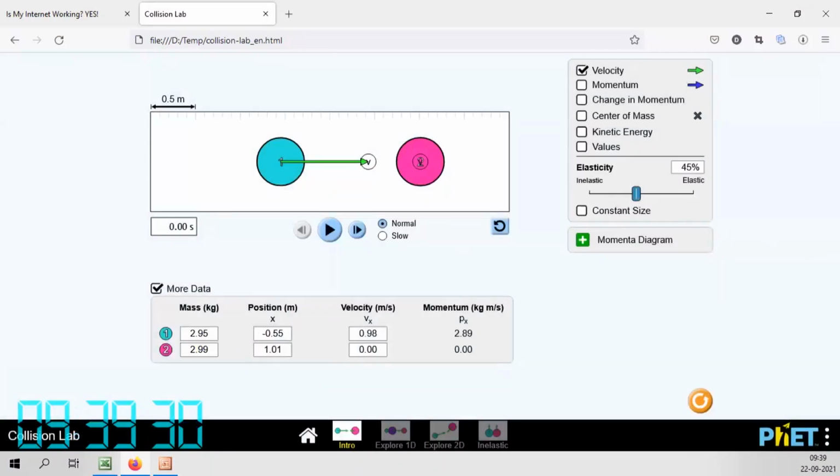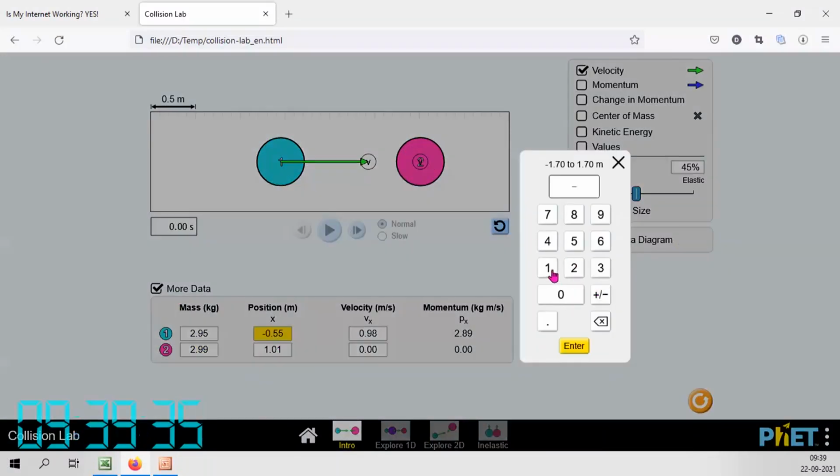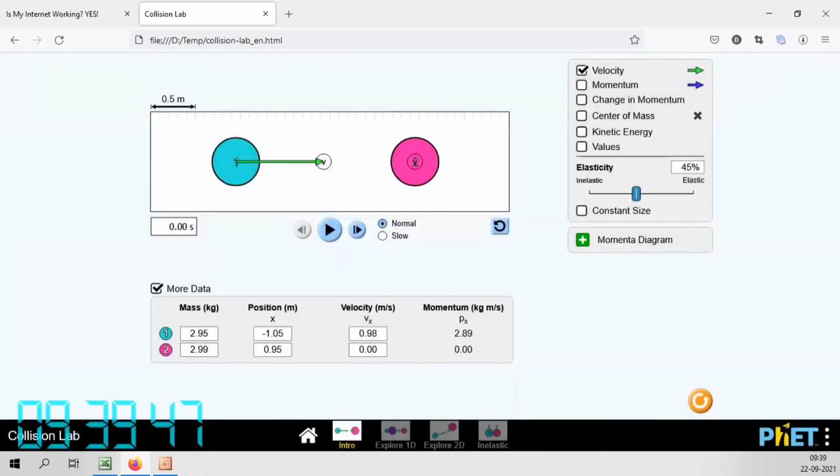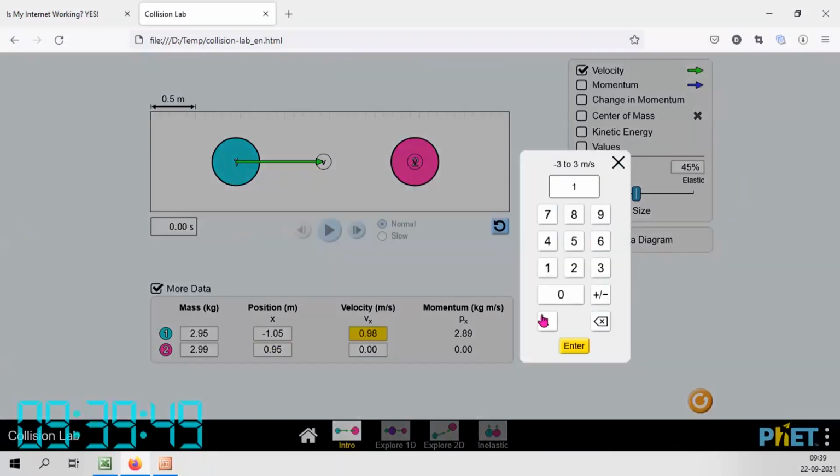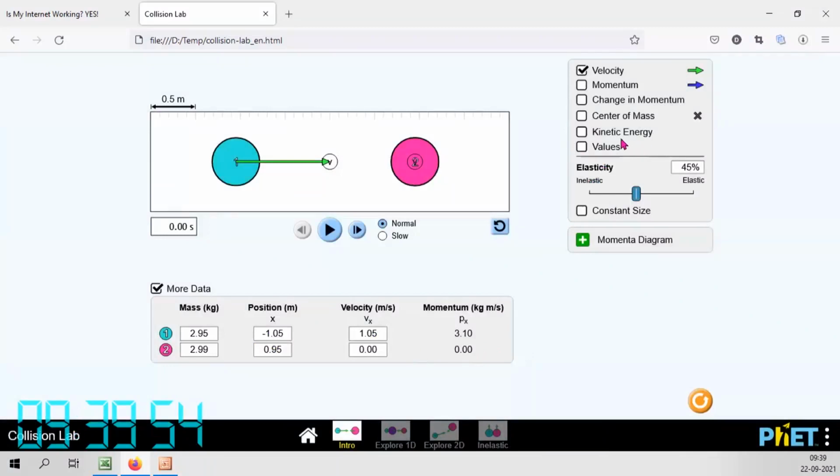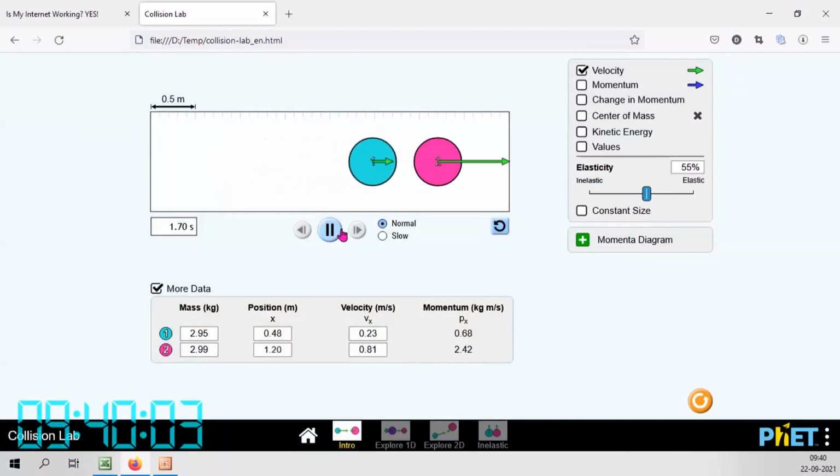Then position left is -1, plus 1, 1.05, 0.95. Then initial velocity is 1.05. The elasticity is 0.5, 0.55. Okay, let's do the experiment.